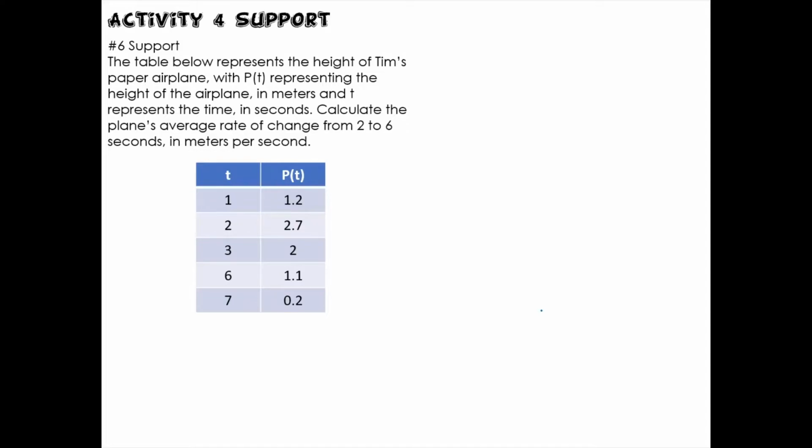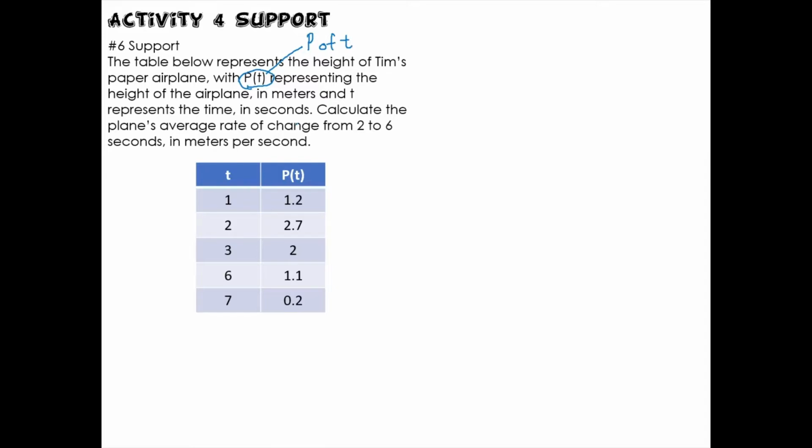And with P of t, remember we say it as P of t, not PT or anything like that, representing the height of the airplane in meters, and t represents the time in seconds. And it's always good to state what your units are, because if you remember activity 3, units really do matter. If you haven't seen the video for activity 3, feel free to do that too. Just not right now, because we're working on number 6.